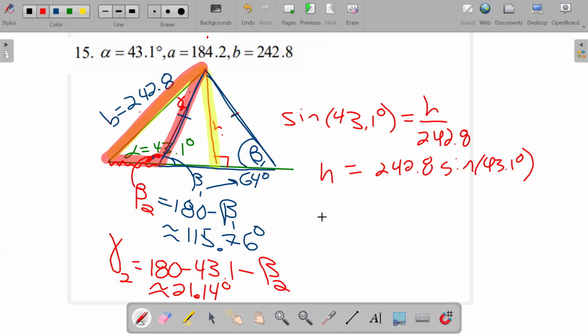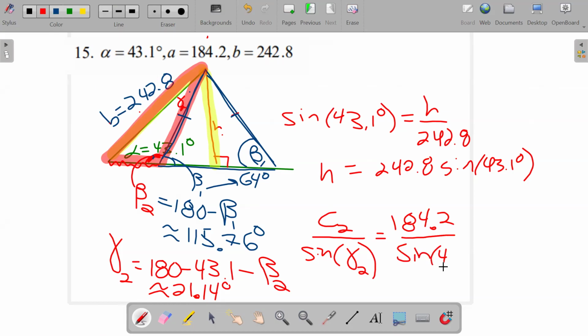Let's call it side C2 divided by sine gamma 2, equal to side A, which is 184.2, over the sine of 43.1 degrees. And again, I'm writing it upside down, so I only have to multiply that sine up to get an answer. And now it's calculator time.